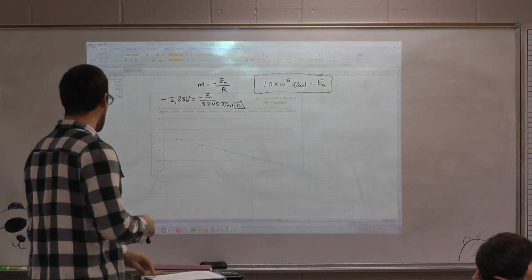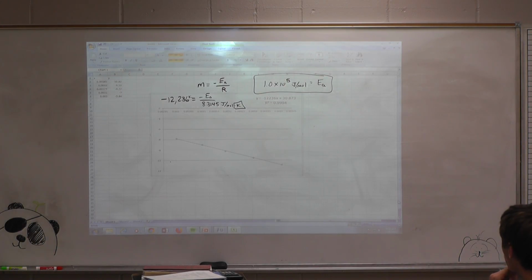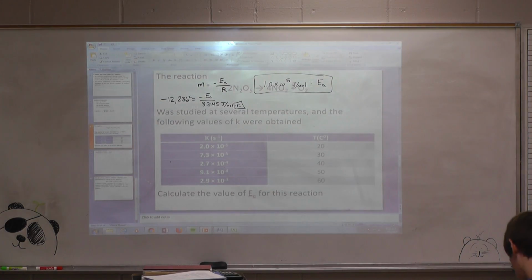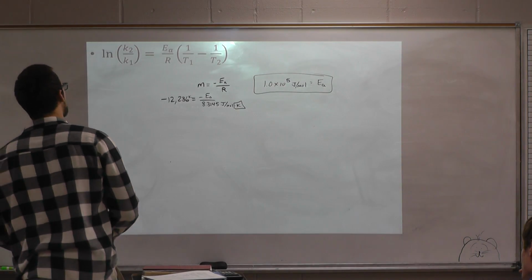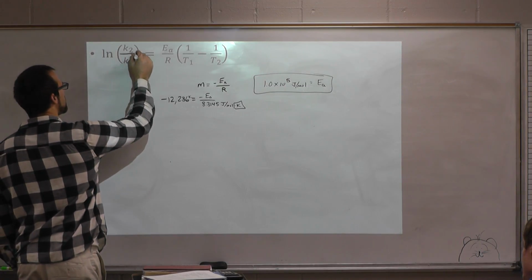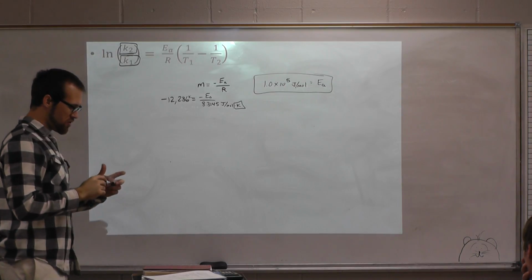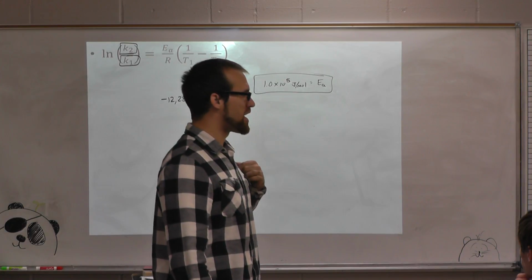The next problem, which we aren't going to have time to do, is joules per mole, yep. We're not going to have time to get to the next problem, but I'll show you the equation for it. It's just a modified version of what I just showed you. This is comparing two different temperatures, because if you have two different temperatures, you're going to have two different rate constants.